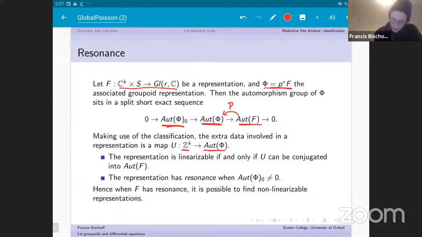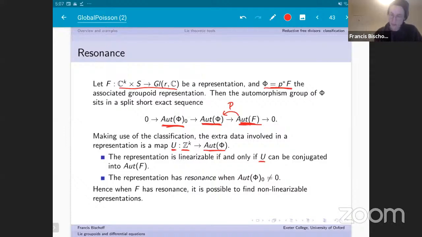Now, we can see that a representation, which we're now specifying by this map U, will be linearizable if and only if this map U can be conjugated so that it lies completely in P. That's the condition for it to be linearizable. And the relationship to resonance is the following.